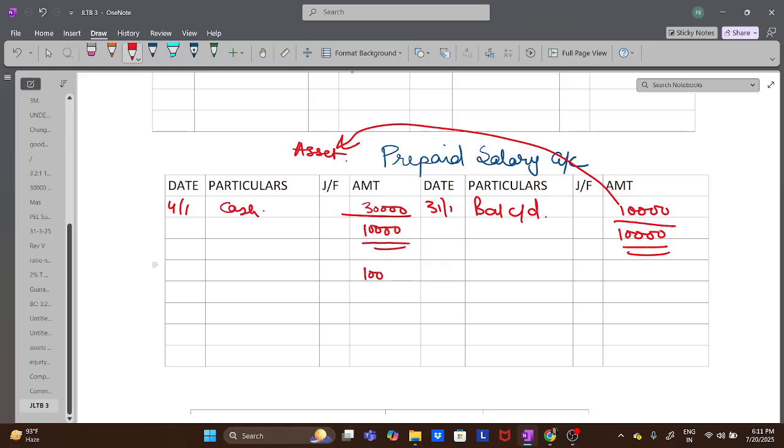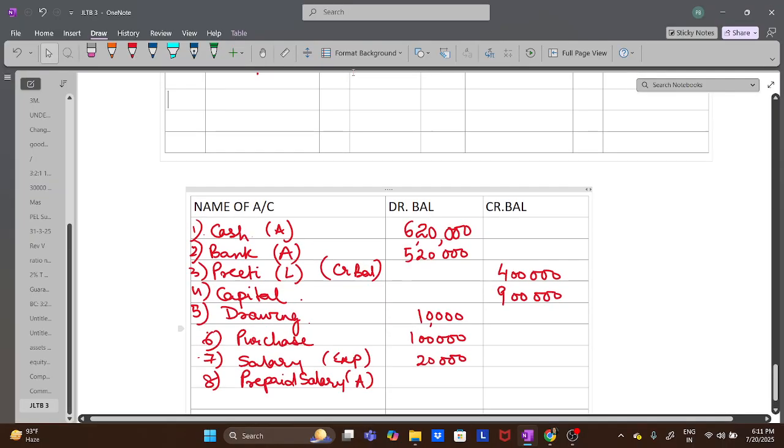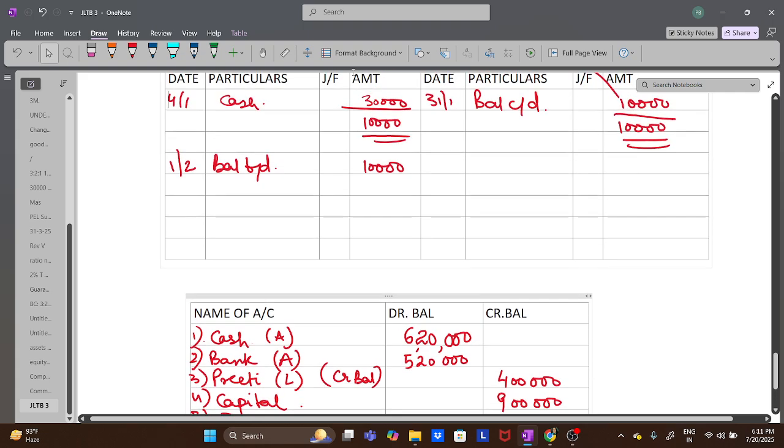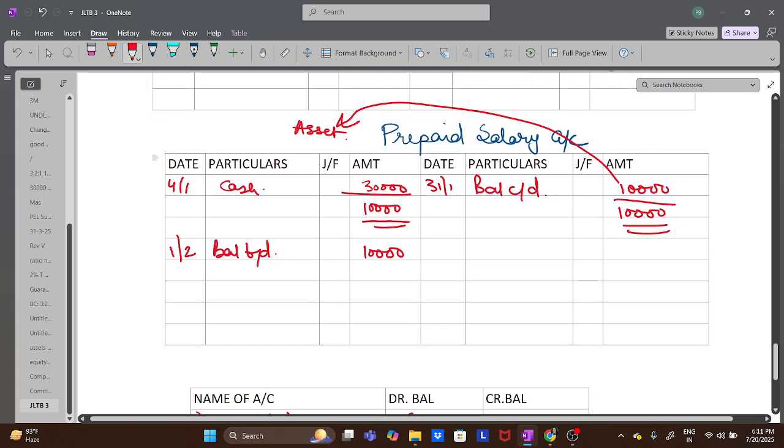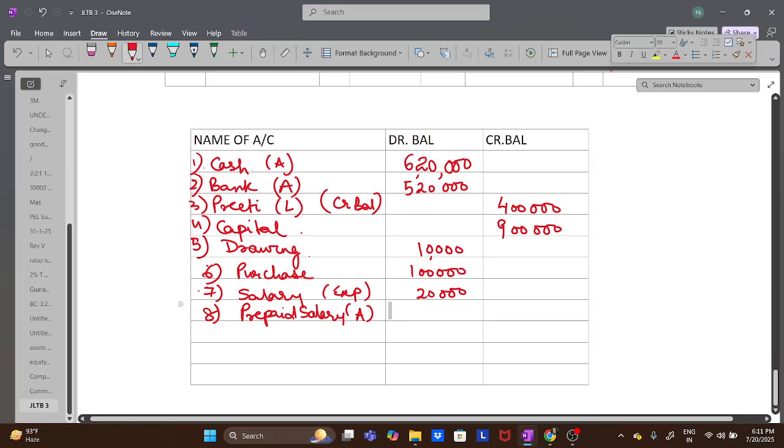Next month I have a balance brought down on 1st Feb. So same is my asset. Sorry, I forgot the amount. Let me check. Balance was 30,000, not 10,000. Make the correction. It's 30,000. So I put that same balance here, 30,000.